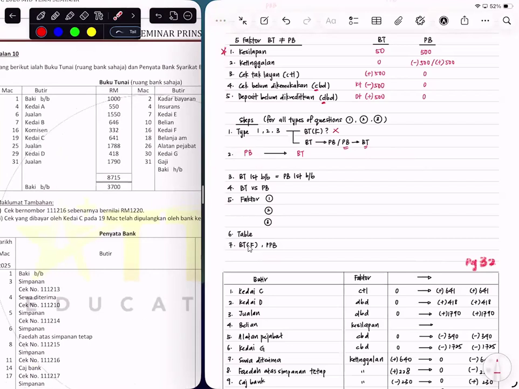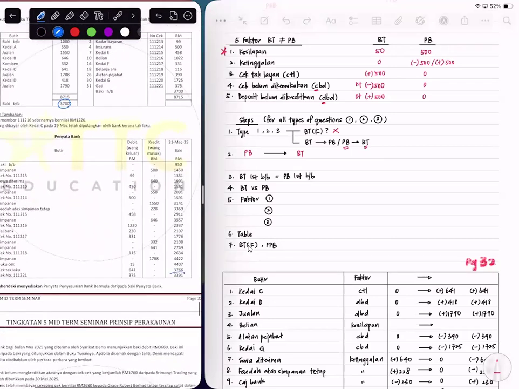Because you can only get your Penyata Bank on the last day of the month, and you can only complete your buku tunai on the last day of the month, right? So all the correction here, all the comparison here can only work on the last day of the month, which will be the latest Baki BB lah. So don't take other values, take your latest Baki BB.